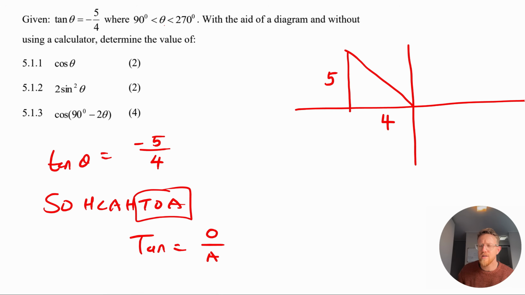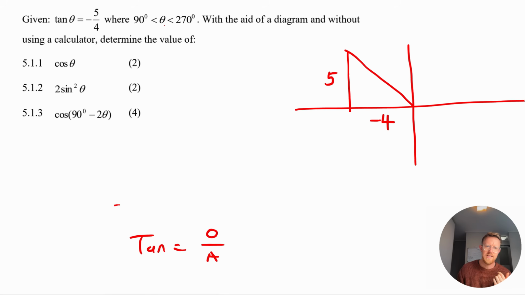Now, which of those needs a negative? Well, this is a positive value because it's positive on the y-axis, but this is a negative on the x-axis. So just remember that that is a negative over there. Because some learners say, oh, but the negative, isn't that for the 5? No, not necessarily.